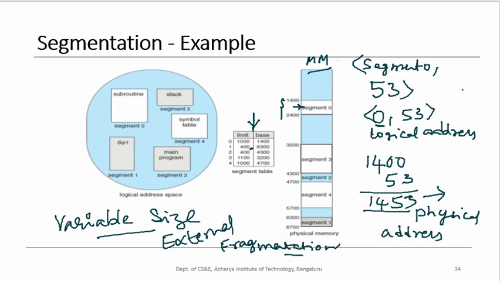Suppose one of the segments is removed from this main memory, and no segment of some other process can be accommodated there. Then that space is going to lie idle. That is a fragment, and this is known as the external fragmentation issue.